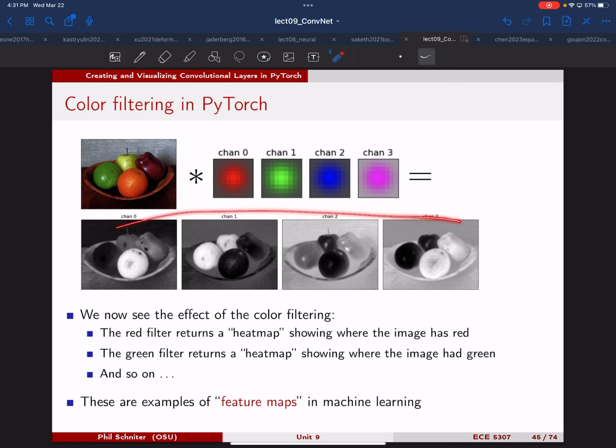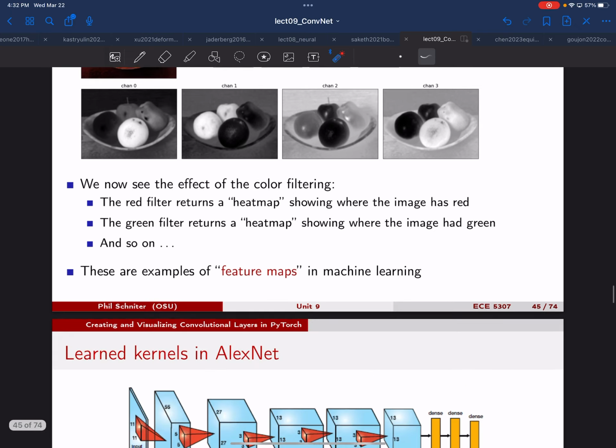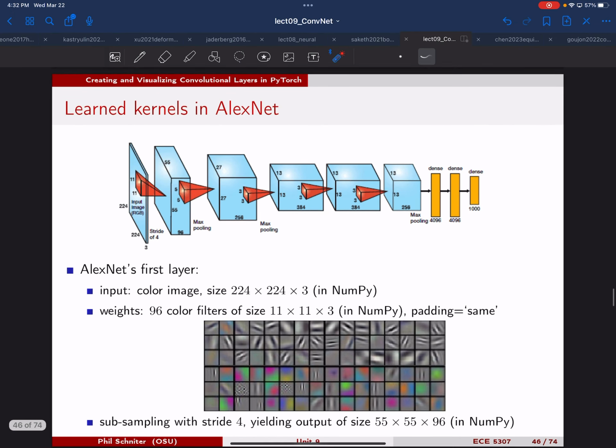And maybe these are somehow useful for classification if the color is really important to determining what's an apple versus an orange versus something else. So this would maybe be useful information for the remainder of the neural network. Okay. Any questions? So just a tangible example of convolution in PyTorch.